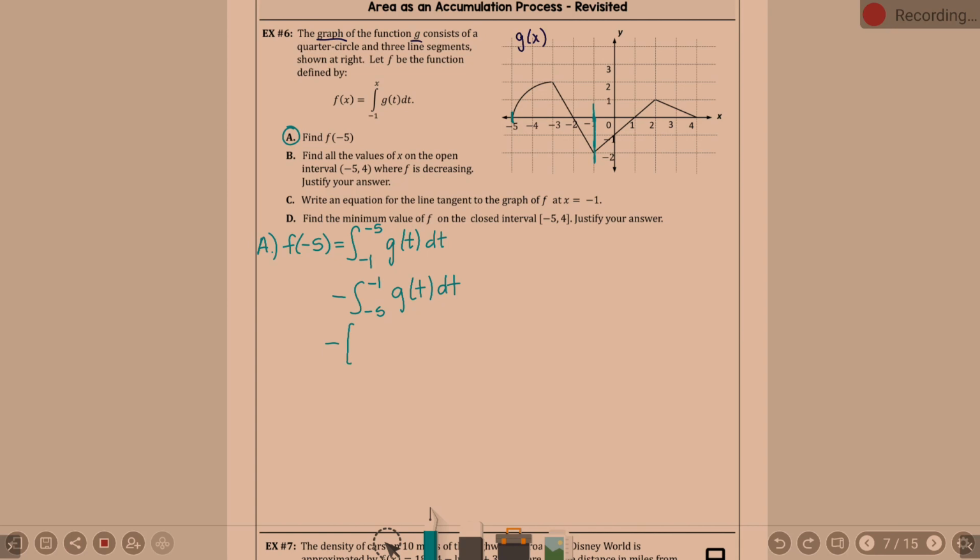What's the first piece you see? Negative 1/4 pi. I see that -3 to -2 and -2 to -1 are symmetrical. Going left to right, how do we do the first one?